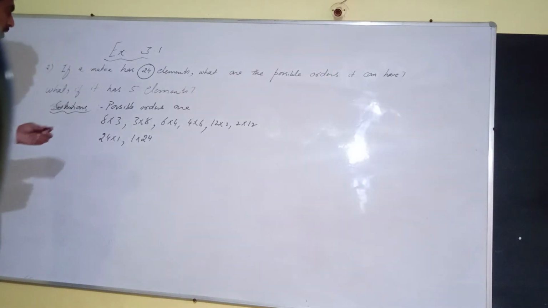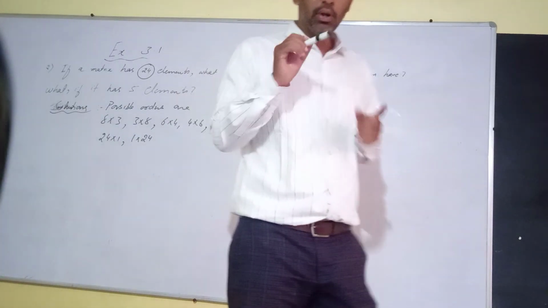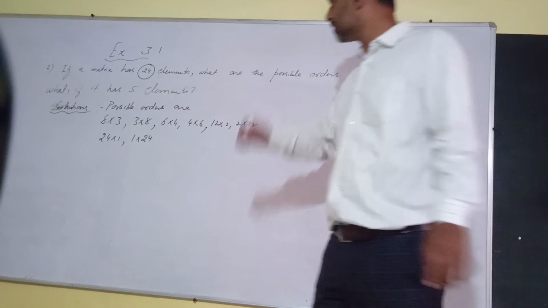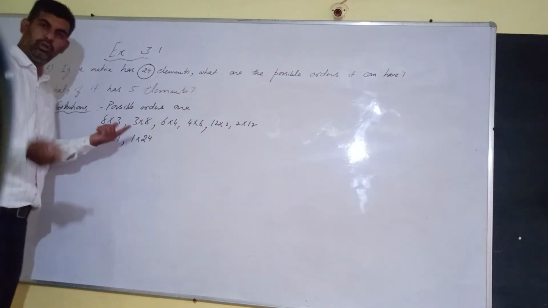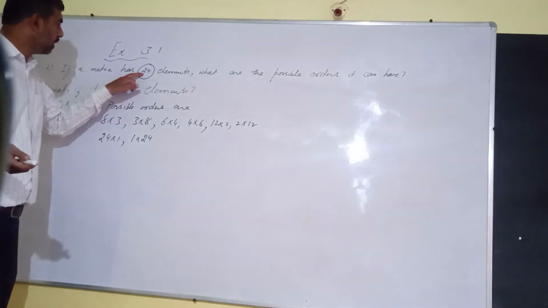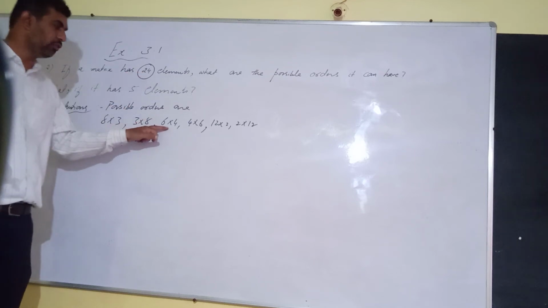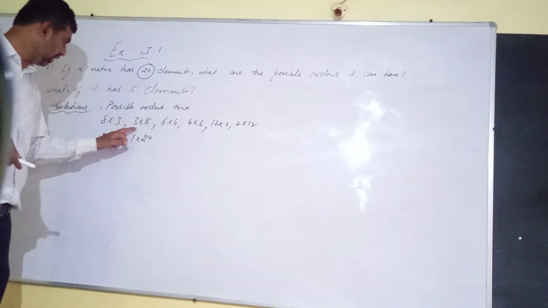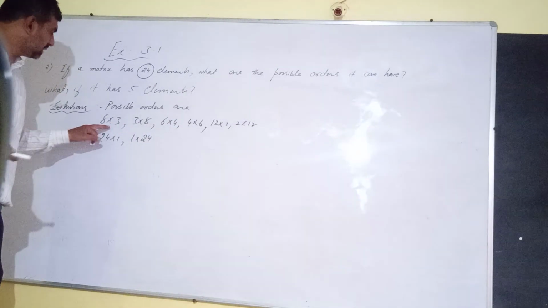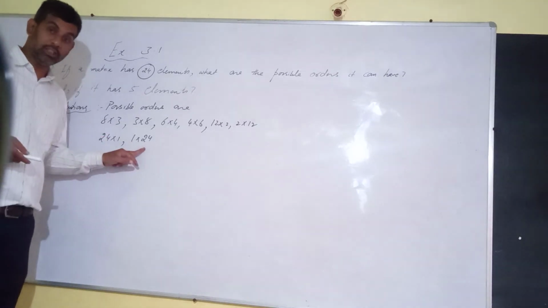Check whether any other possible order exists, students. The number of elements is 24. Possible orders we have taken: 8 cross 3, 3 cross 8. Or simply go through the multiples of 24: 2, yes, possible. 4, yes, possible. 6, yes, we have taken. 8, yes, we have taken. 3, yes, we have taken. 24, yes, possible.